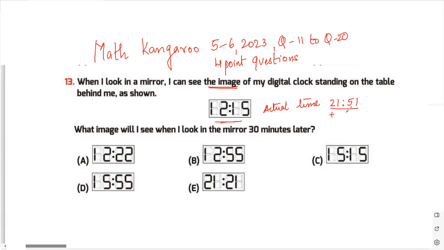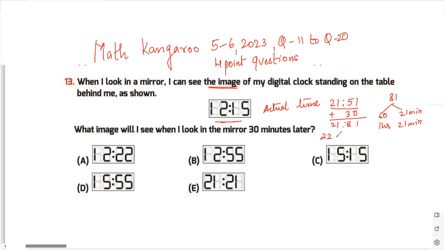And then when you add 30 minutes, what do I get? 21 hours and 81 minutes. So you don't have 81 minutes. So you're going to break 81 minutes into 60 minutes and 21 minutes. So 60 minutes is 1 hour. So you get 1 hour, 21 minutes. So you're going to add it up to 21. So what time do we get?